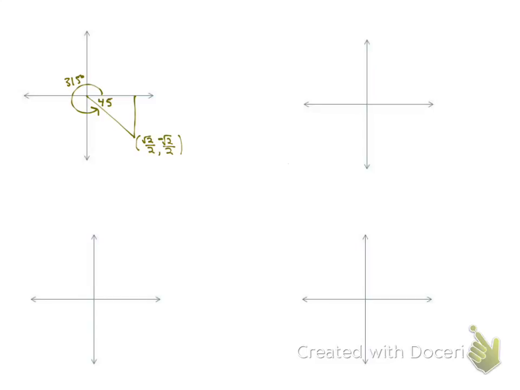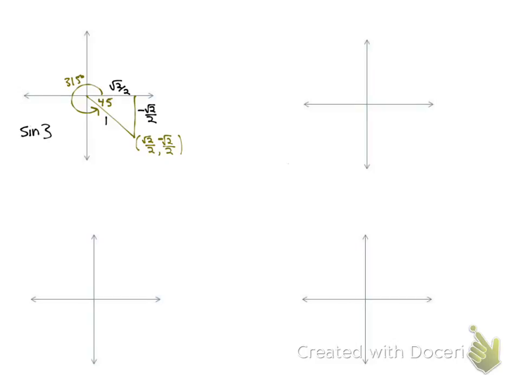We could also, because the coordinate still works, write this as root 2 over 2, negative root 2 over 2 as well. And the hypotenuse is 1, of course.